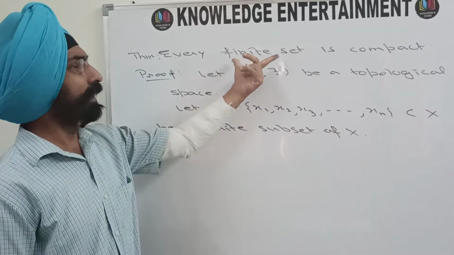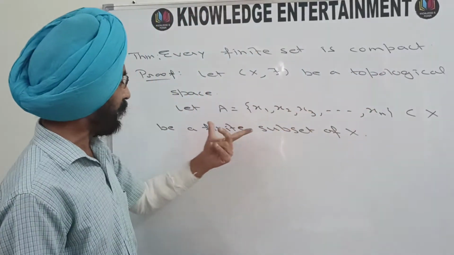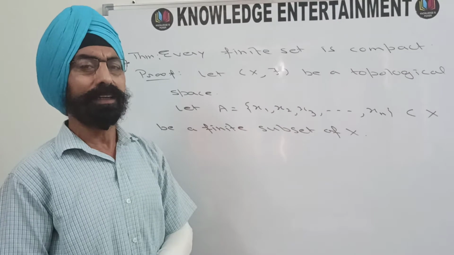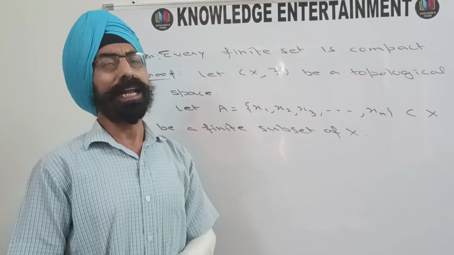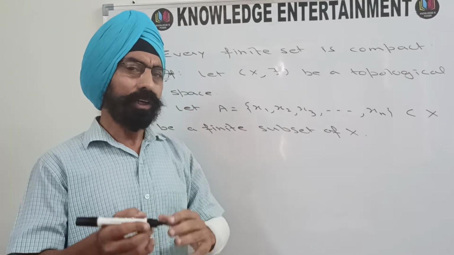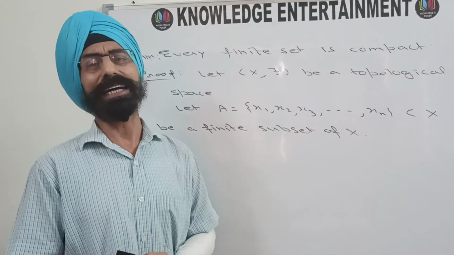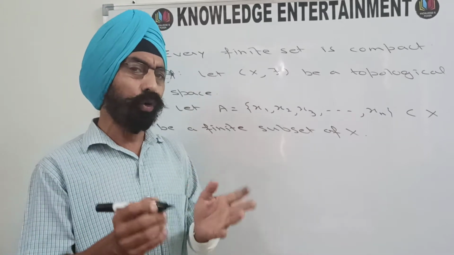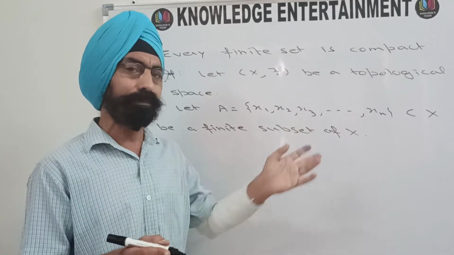Since I am to prove that every finite set is compact, I'll have to show that A is compact. For that, I'll have to take one open cover of A and find some finite subcover of that particular cover.